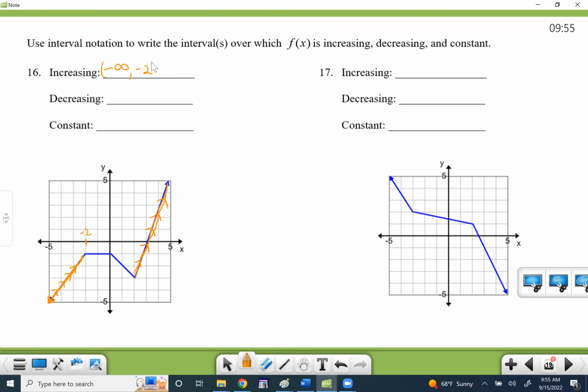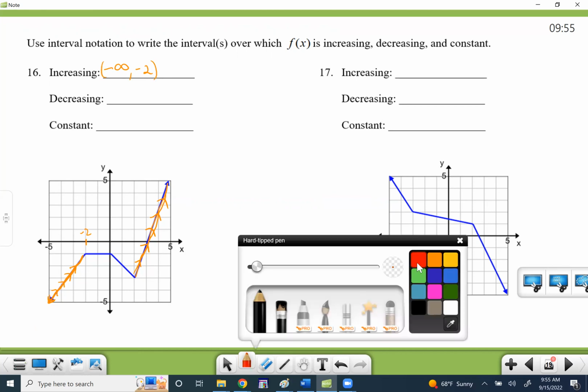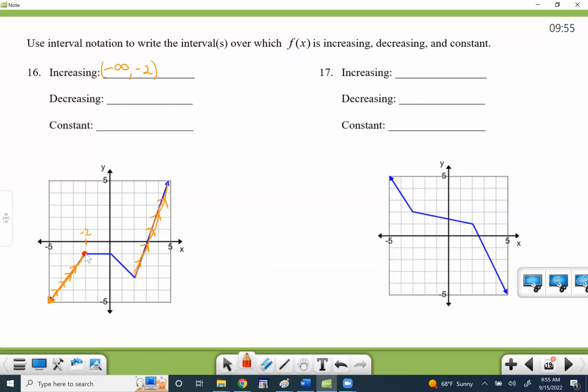And you're going to use parentheses on all corners. And the reason why you're going to use parentheses on all corners, like this corner right here, is because at that point, you can't really say it's increasing because it's kind of doing two things. If you come at it from the left, it's increasing. But if you come at it from the right, it's staying constant.